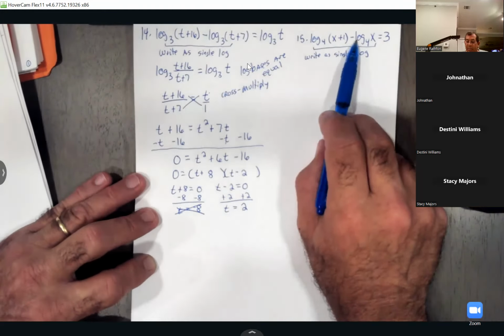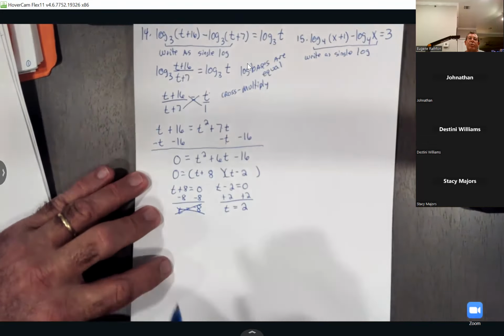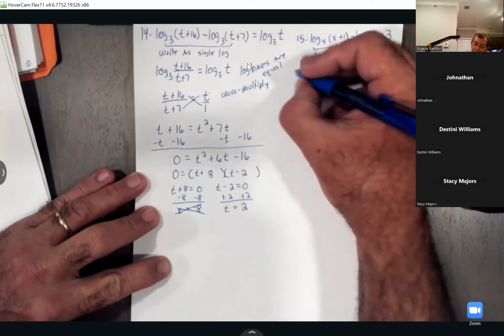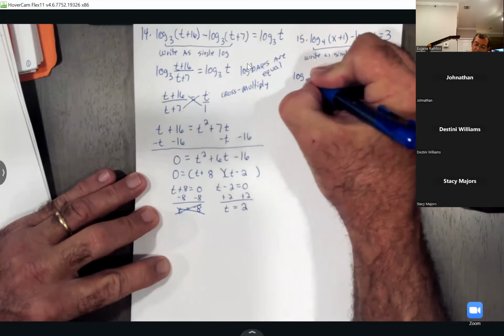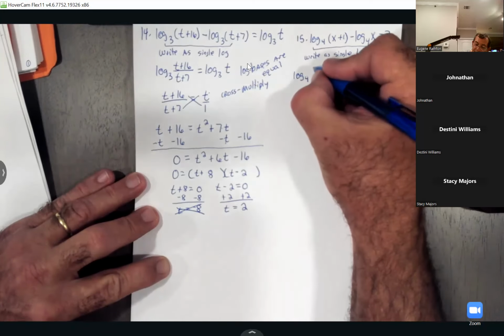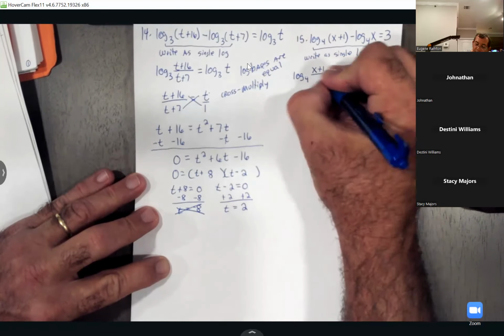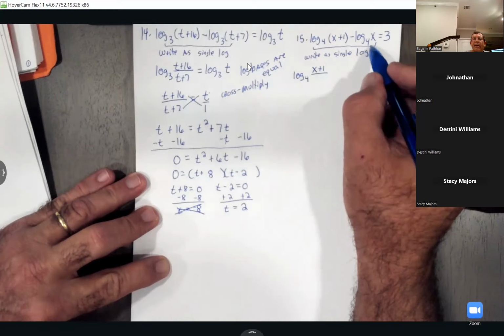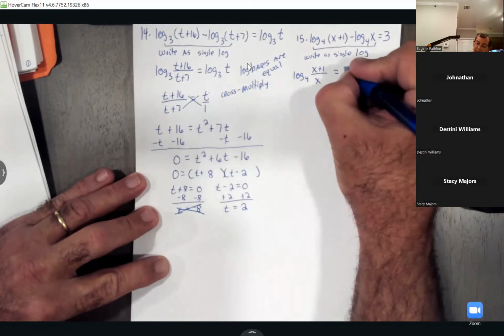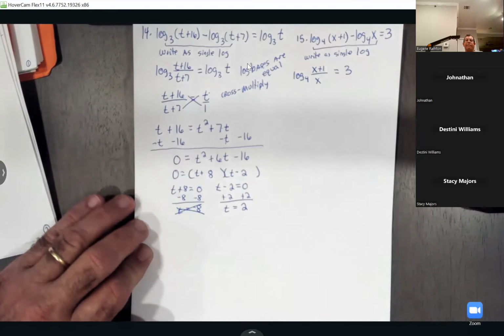Once again, they're being subtracted just like this one, so it's going to look like a quotient again. So bring out that log base 4. The positive stuff will be on top, that's the x plus 1. This stuff being subtracted goes to the bottom, that's the x. And all that is going to equal my 3.